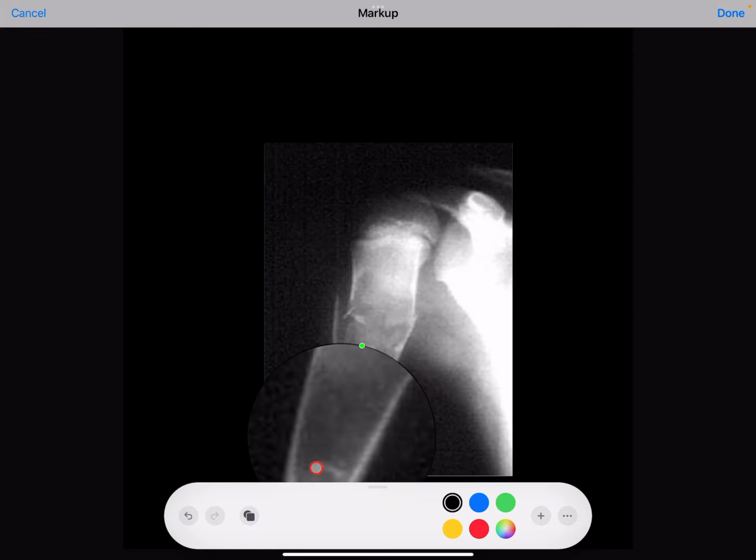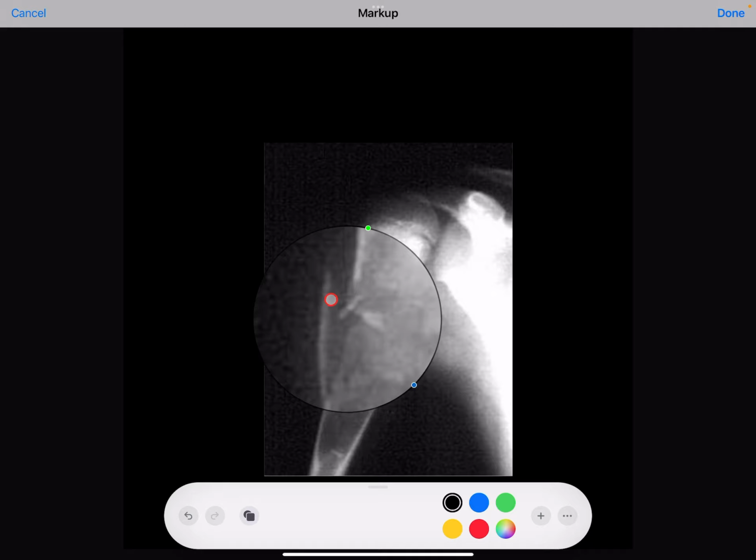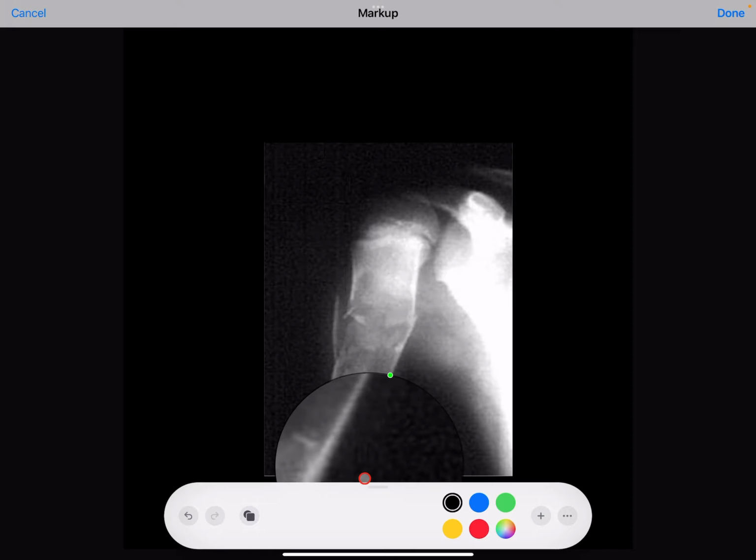If you zoom this image, you can see a linear density. Fallen fragment sign is appreciated, and you can also appreciate a break of the cortex. This is a pathological fracture, and this piece of bone seems to be floating in the bottom of this lesion.